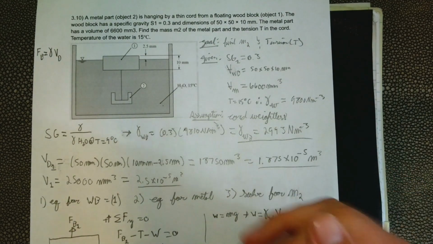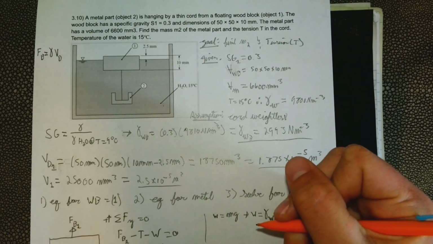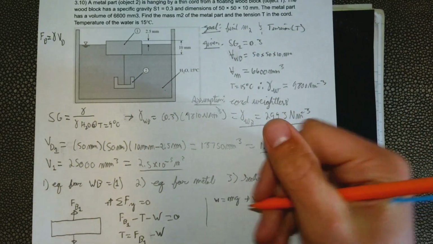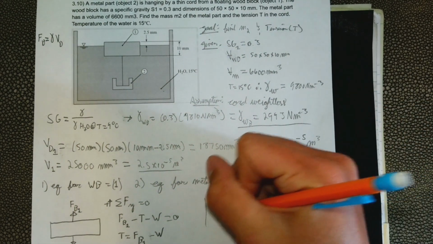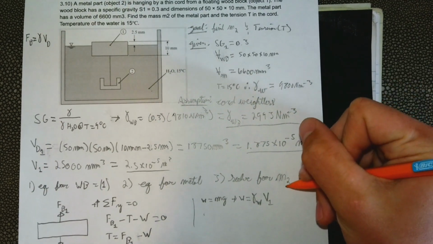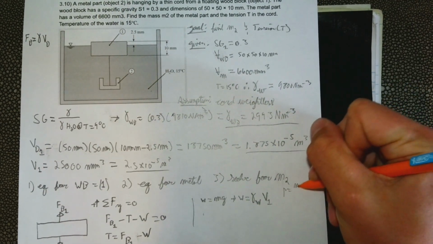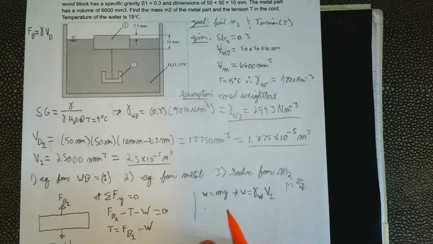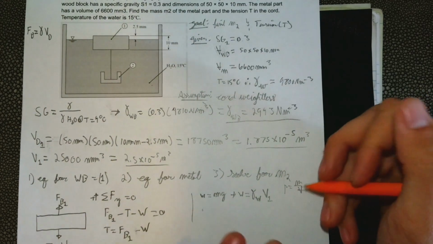I should probably explain this a little bit. So we know that density equals mass over volume. I'm just explaining how I got to this point. These are equivalent; I just rewrote it a little bit.